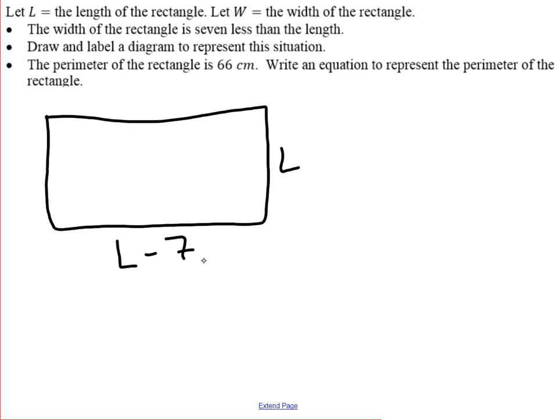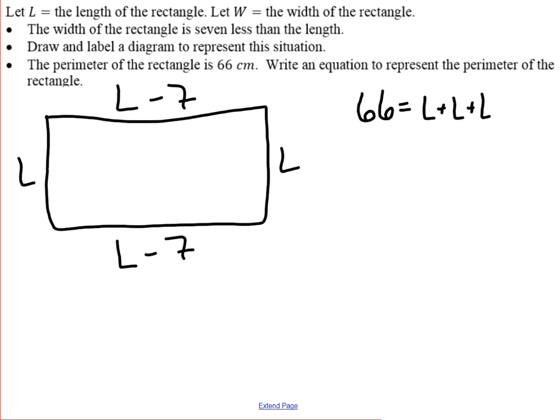It says the perimeter of the rectangle is 66 centimeters. Write an equation to represent the perimeter of the rectangle. So if I know the whole perimeter is 66 centimeters, I can say that 66 has to equal all of the sides added together. So I know I'm going to have L plus L plus L minus 7 plus L minus 7.